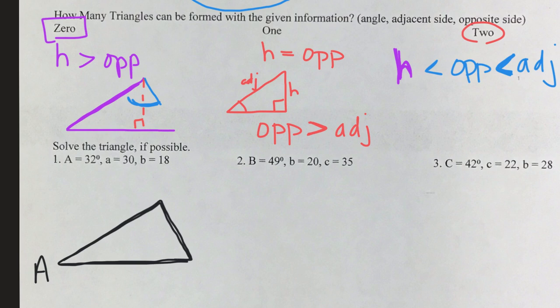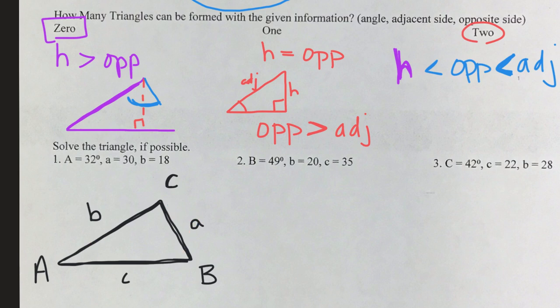So if that is angle A, that means little side a is across from it, and we're going to put side B here. So angle B goes there, and angle C goes at the top, and little side c is here. Remember that the angles and sides that have the same letter are across from each other. Capital letters are angles, lowercase letters are sides, and they're across.